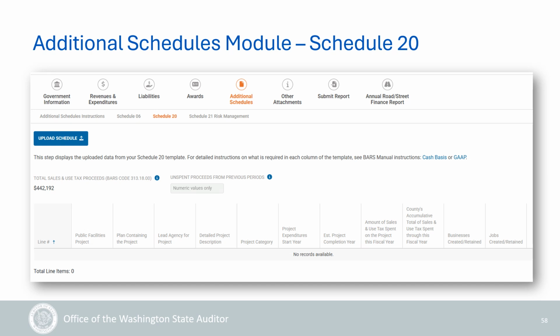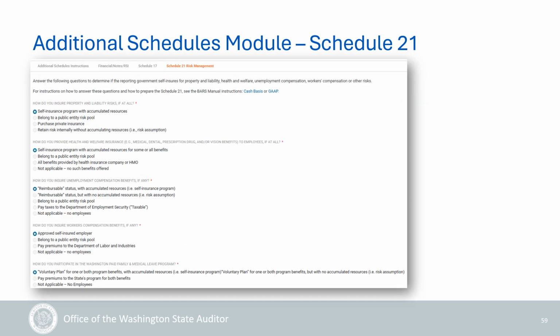There is only an option to upload the completed template, since there are fields in the template that we require you to select from the drop-down list. Then you're required to input the amount of unspent proceeds from previous periods. You can use the information icons on this step for additional guidance.